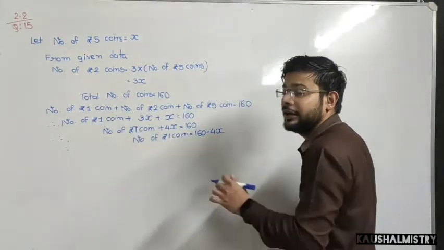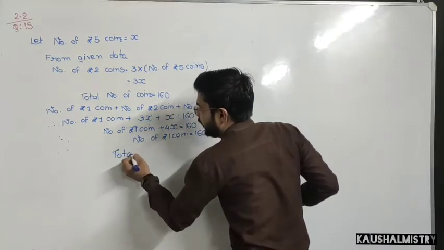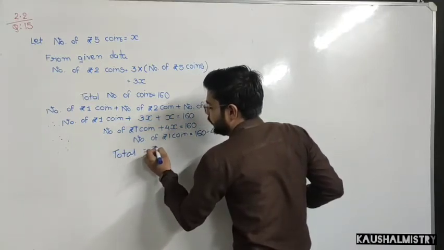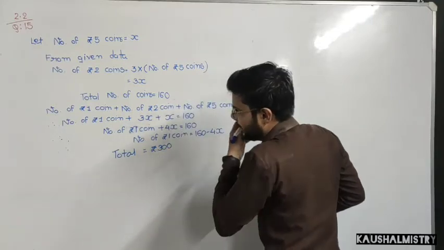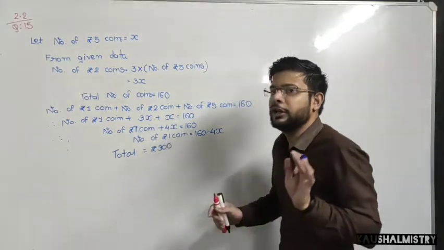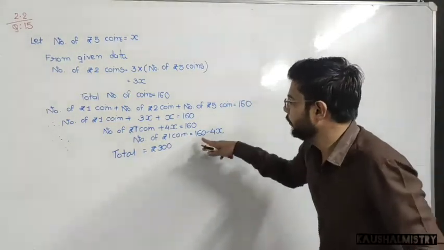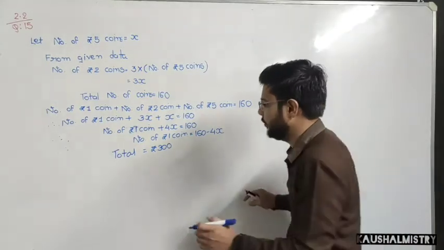Now as we know that I have 300 rupees in coins. So total I have how many rupees? Total I have rupees 300, right? That means how much money I have in the form of 1 rupee coin, that is 1 multiplied by 160 minus 4x.